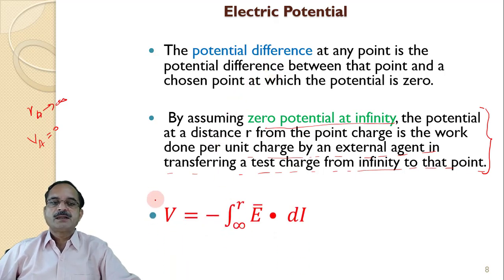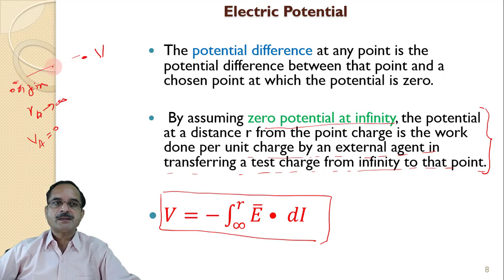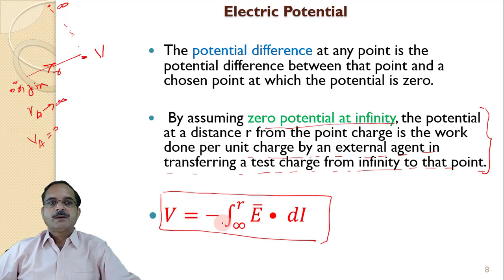So because of that, the general equation for V I can write as V integral minus infinity to r. So suppose this is origin and this is the point at which I am finding out this potential V, and this is located at a distance r, and this is infinity point. So from infinity we are moving a charge to this point. So this is the definition of electric potential.